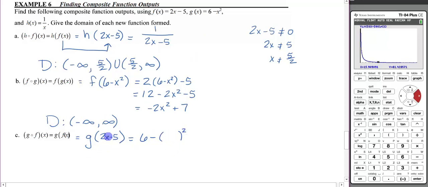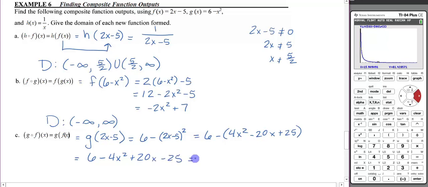The input is that 2x minus 5. So this is going to be 6 minus 4x squared minus 20x plus 25. Then I'm going to distribute the negative through that set of parentheses, and then combine like terms. I'll go ahead and place it into descending order.